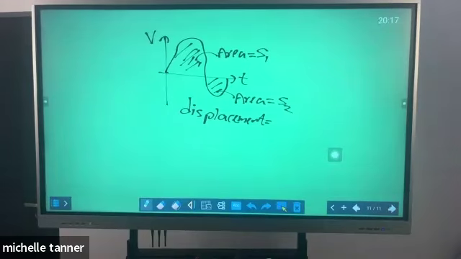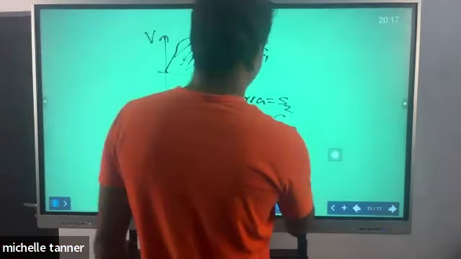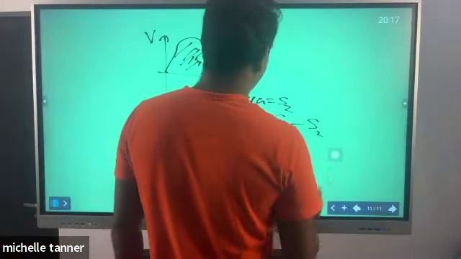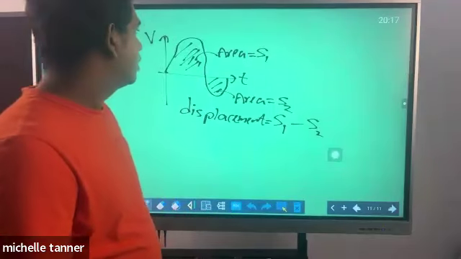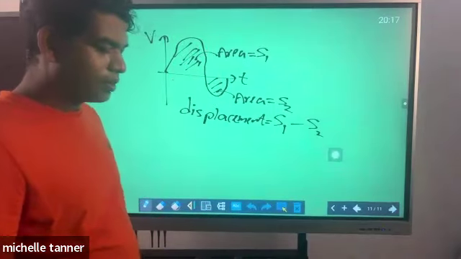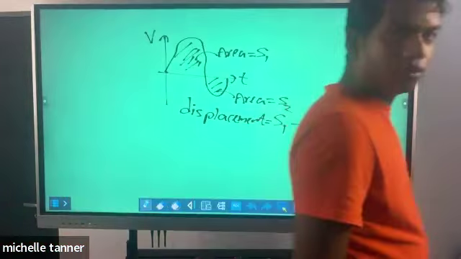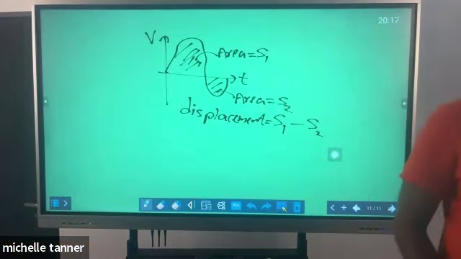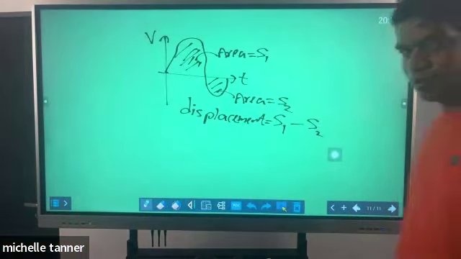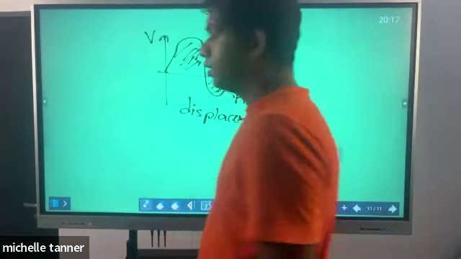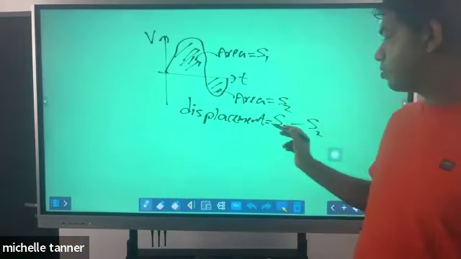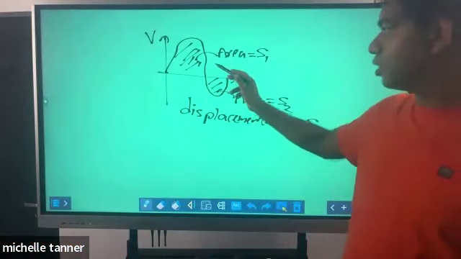The displacement equals S1 minus S2. You have to subtract because a positive area means the object is moving in one direction, and the negative area means the reverse motion. So to calculate the displacement, S1 minus S2.